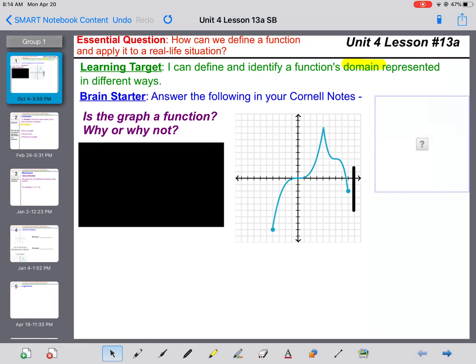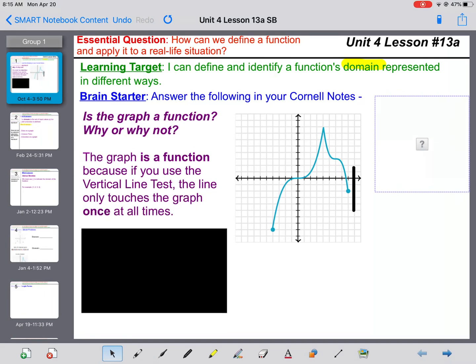So if it only touches the vertical line one time from left to right, you guessed it, the graph is a function, because if you use the vertical line test, the line only touches the graph once at all times. So let's make sure that we copy that down in our brain starter section, and we're going to move on to the mini lesson in just a second.